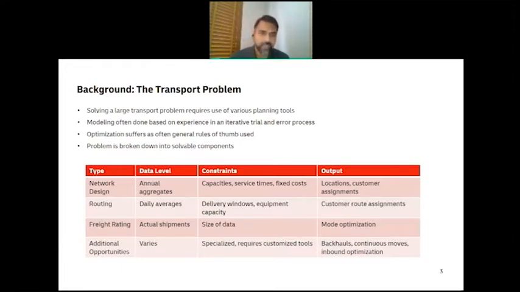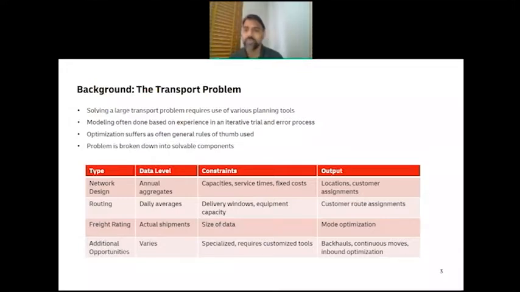If you look at the overall bigger problem, the first problem that you are looking at is the network design, where you might look at where to put a particular warehouse, where to put a hub location where you would consolidate your shipments, right? And then once you have the locations assigned for a hub or for a warehouse, then you have to also assign customers around it.